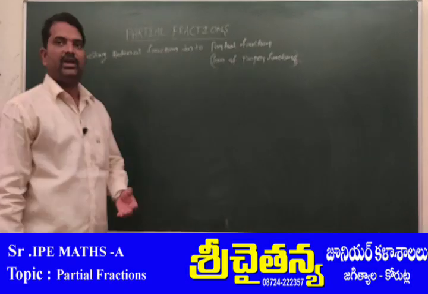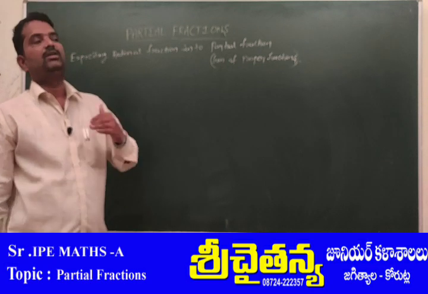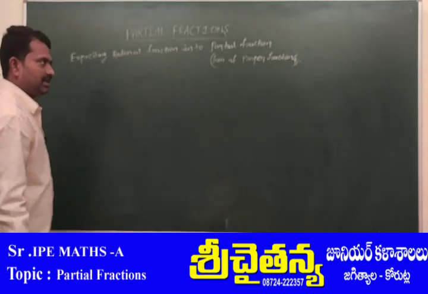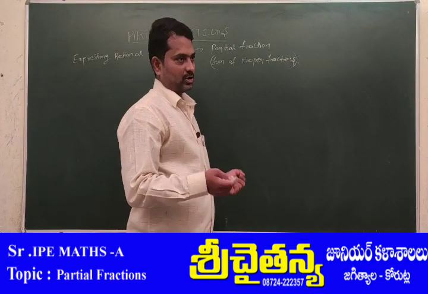For that we have 4 to 5 methods. Particularly we have 4 methods. In that, we are explaining the first rule.